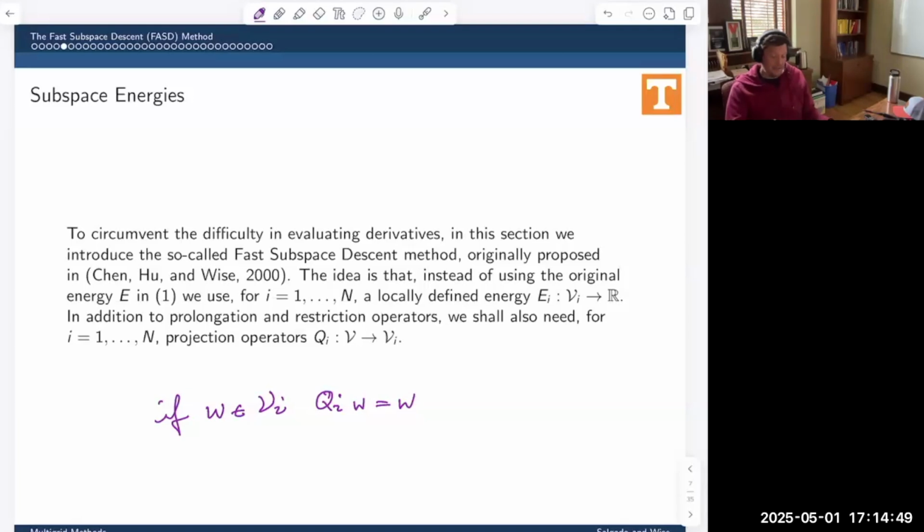If it's already in the correct subspace, then taking the projection of that object just gives the same thing back. That's what a projection operator does. So in our new method that we're about to describe on the next page, we need subspace energies and we need these so-called projection operations, or operators.